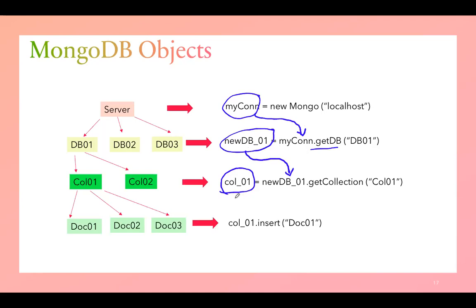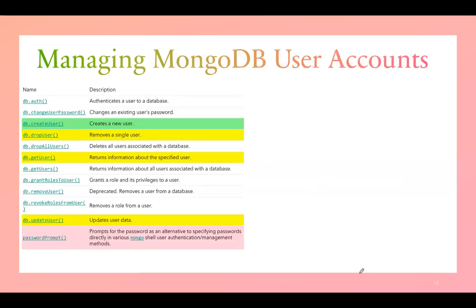Once I have the collection object, I can comfortably do my data manipulation and data query in a specific document. So is this hierarchy clear enough in terms of the tree and the code you have next to the tree? Good, everyone follows this? Any questions? Yeah, thank you.